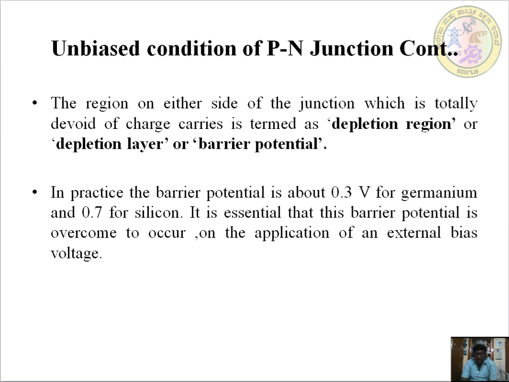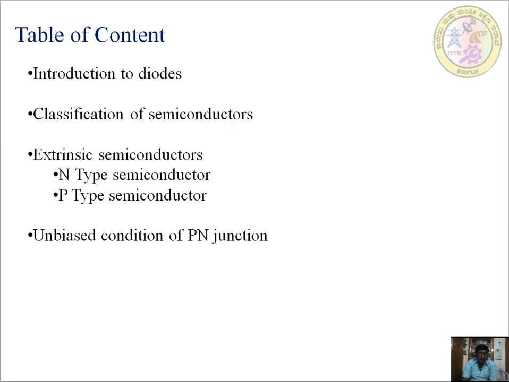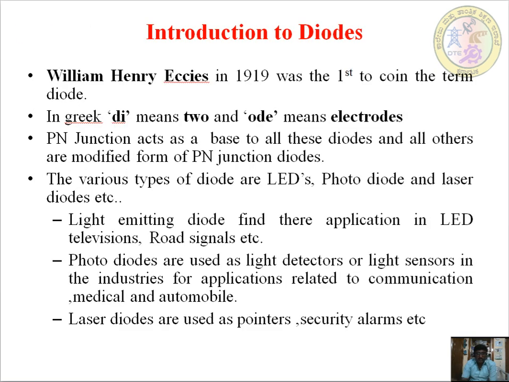Okay, so what we are going through in this total session, first thing is how the term diode came. Di means two, ode means electrodes. It's a combination of two electrodes, that is a diode, the PN junction.